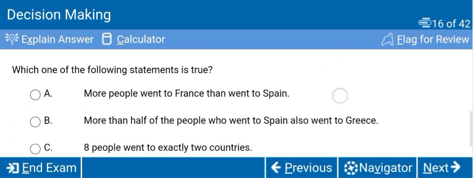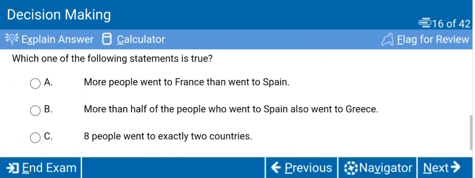Which one of the following statements is true? Option A, more people went to France than went to Spain. Option B, more than half of the people who went to Spain also went to Greece.